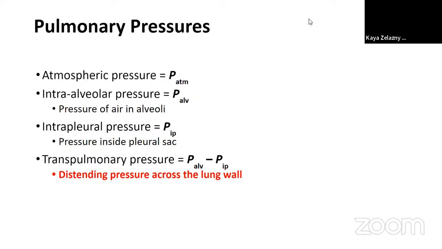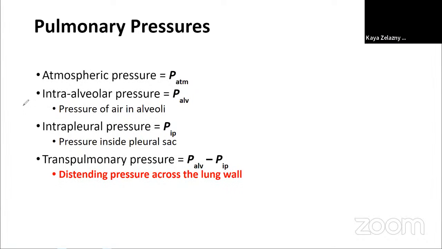I did say the only two things we have to pay attention to for inspiration versus expiration are the pressure in the lung and our atmospheric pressure. Those are these first two pressures. Atmospheric pressure is the pressure of the environment, so the air surrounding you.